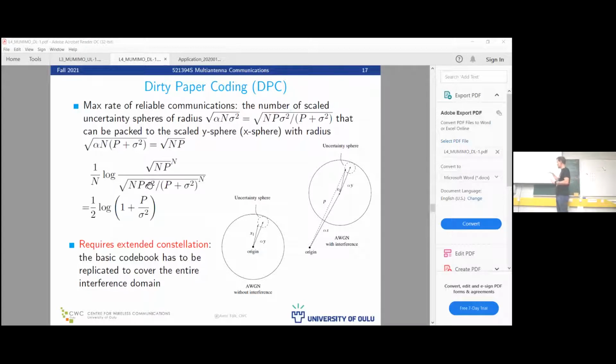I just want to give an intuition how this idea of dirty paper coding can now be used in this multi-antenna downlink transmission, right?